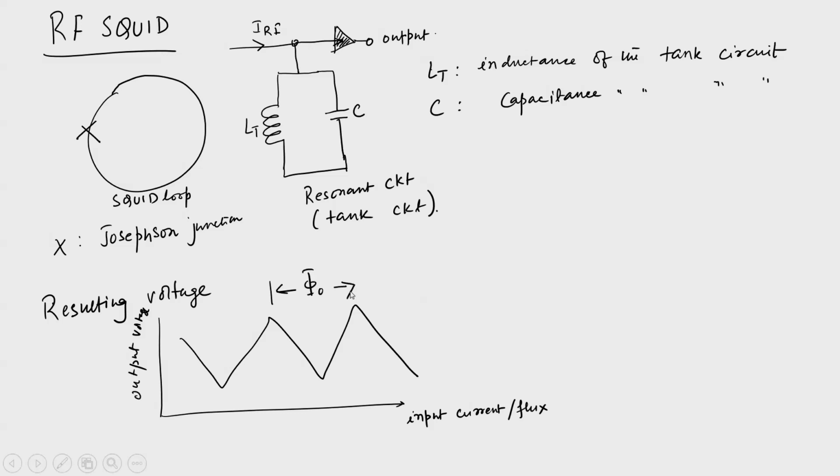Please distinguish between the capital phi, which denotes the flux quantum phi 0 or a flux in general, and the small phi, which is related to the phase of the condensate wave function for the superconductor.